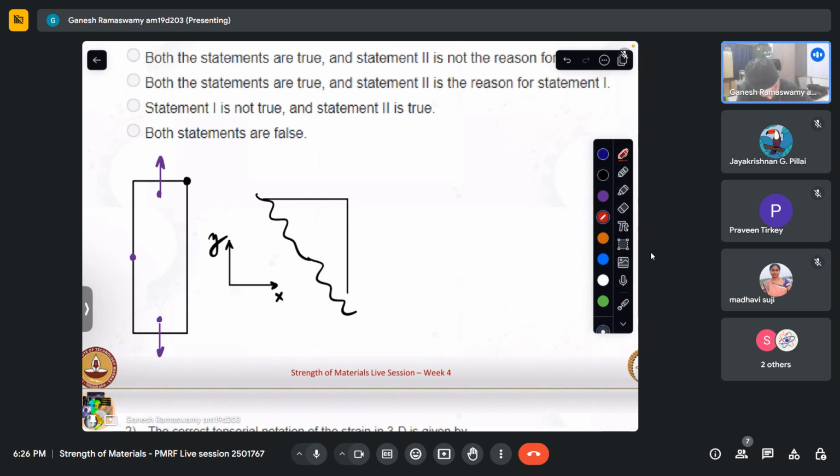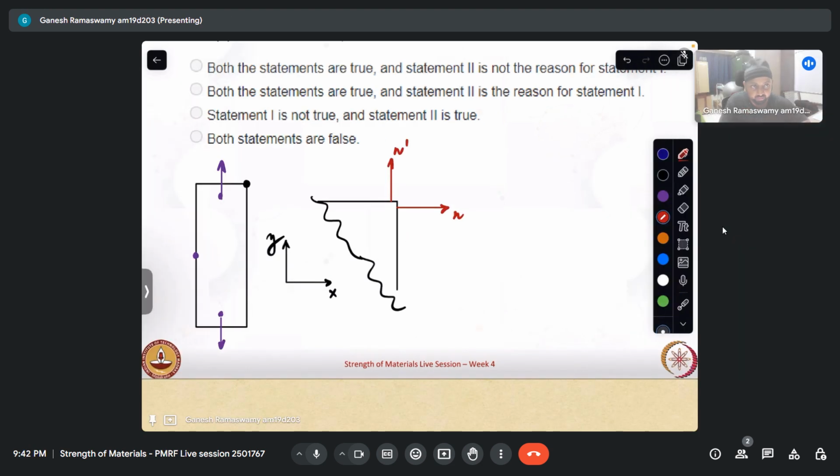This is the normal that characterizes this. Let this be n prime. This is the normal that characterizes this. Let this be n. So from here, we can see that n is (1, 0) and n prime is (0, 1). Also, we know that this is a free surface, which is characterized by n prime.